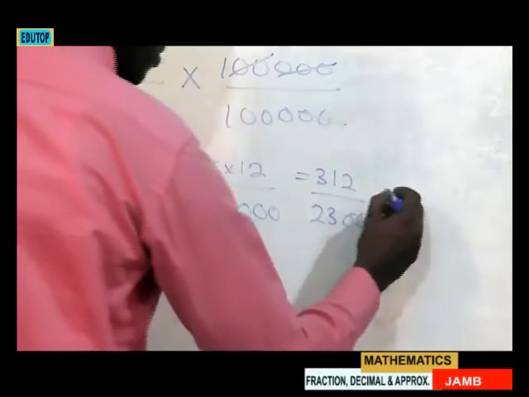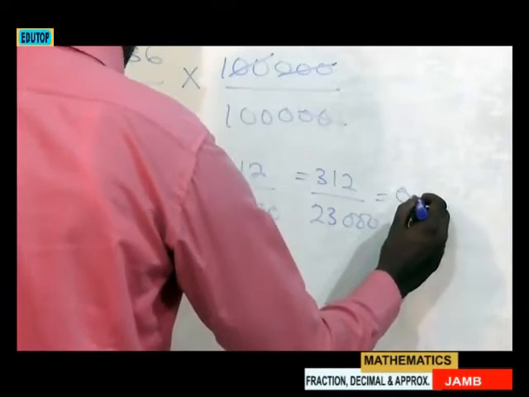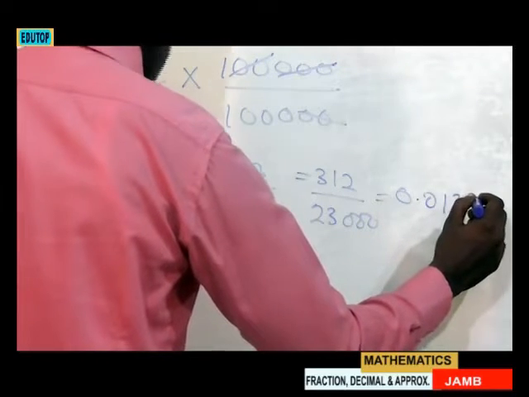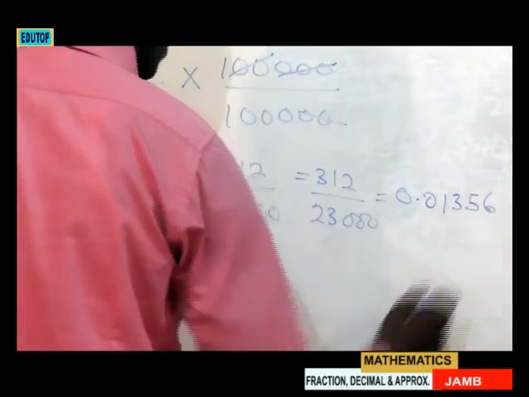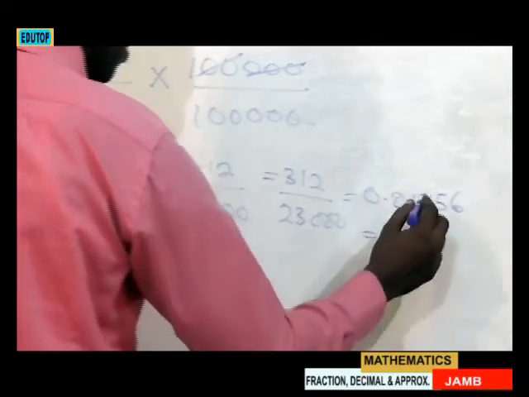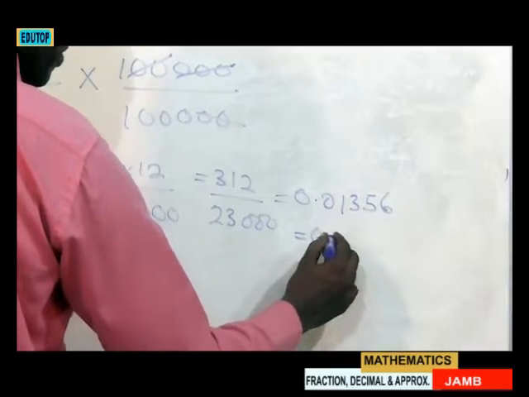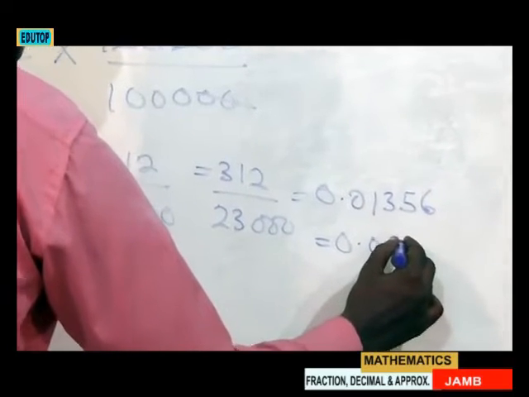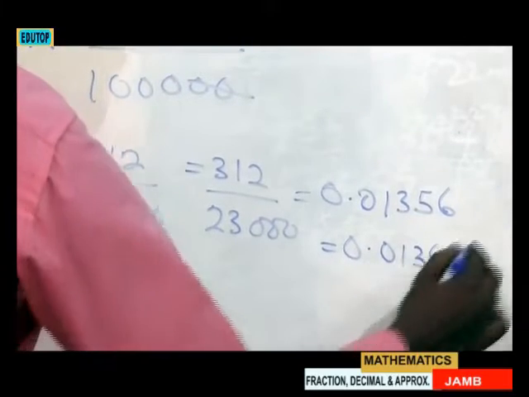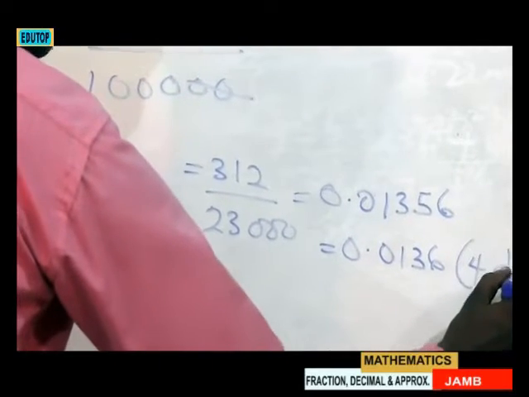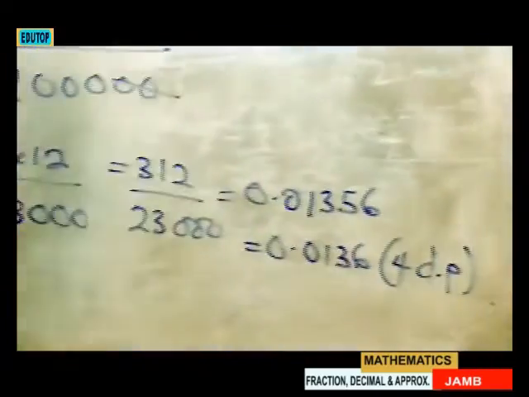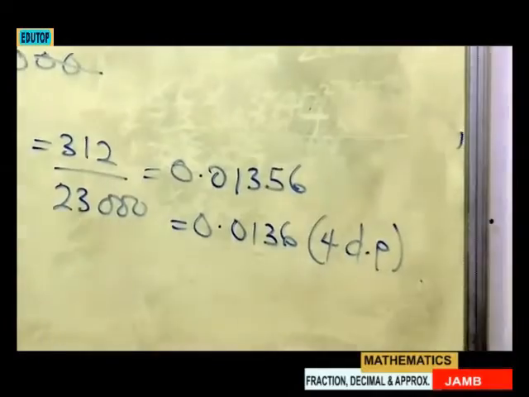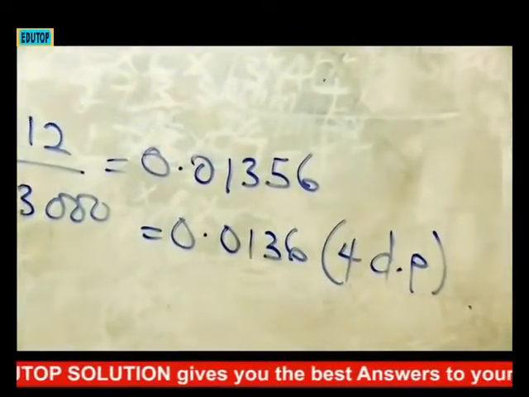That will give us 0.01362, which to 4 decimal places is 0.0136.